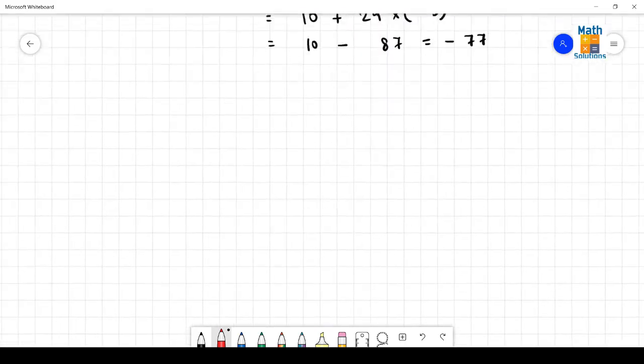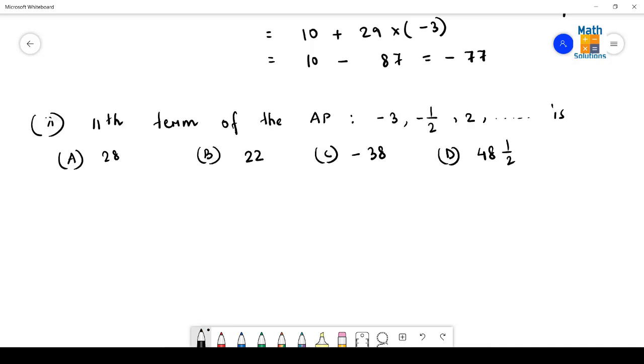Next, coming to the next number, in this question what is given, the 11th term of the AP. The 11th term of this AP, where first term is minus 3, then common difference we have to evaluate. So in this case we have to find out the 11th term. This question is also similar to the previous one only. So the illustration is here.